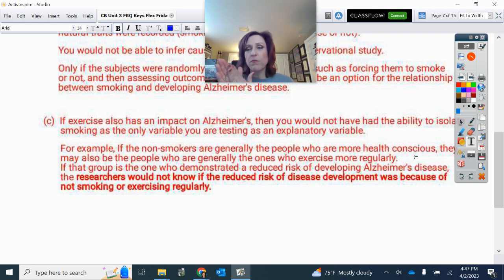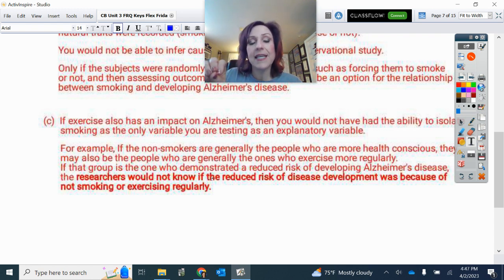So the non-smokers and more exercise could go together. And I think I said, if exercise also has an impact on the Alzheimer's, then you would not have isolated the smoking. Okay, so see, for example, non-smokers happen to also be the ones who exercise more because they're health conscious. If that group is the one who demonstrated a reduced risk of developing Alzheimer's disease, then the researchers would not know if that reduced risk was because of the smoking, because of not smoking, or because of exercising regularly.